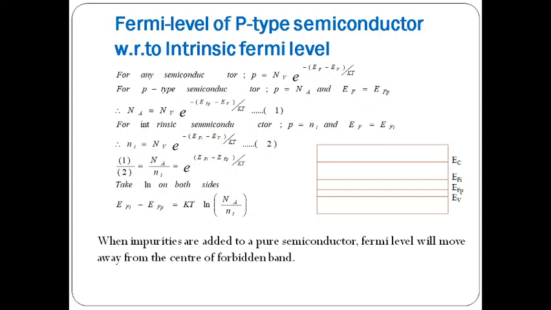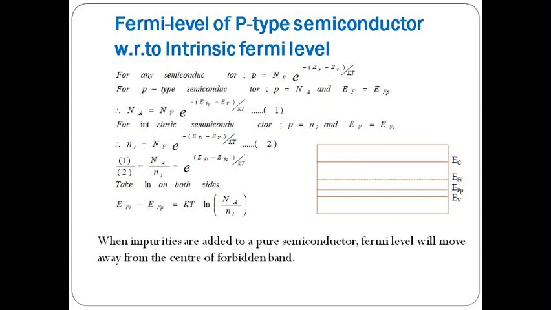Dividing equation 1 by equation 2, we can write Na by Ni equals e power of (EFI minus EFP) by kT. Taking the logarithm on both sides, EFI minus EFP equals kT ln Na by Ni. When impurities are added to a pure semiconductor, the Fermi level moves away from the center of the forbidden band.